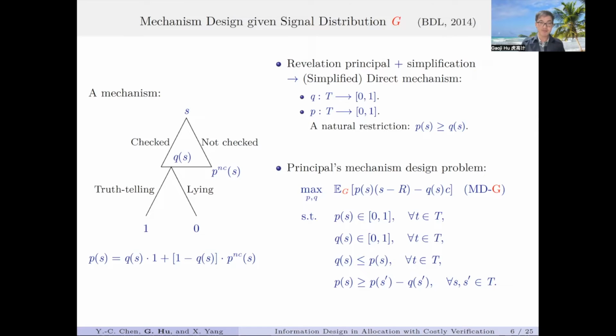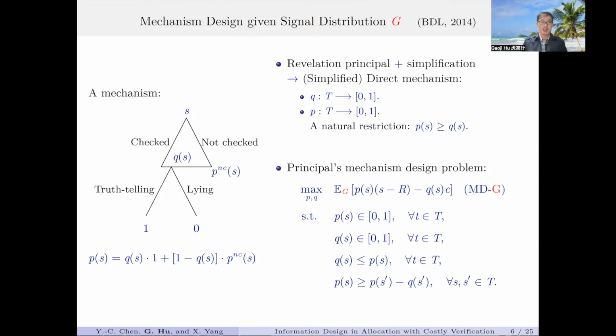Okay. When the agent is checked, there are two possible checking outcomes: truth telling or lying. According to the result of BDL, when the agent is checked and found truth telling, the conditional assignment probability should be 1. So Q of S is actually the probability of being checked and allocated the good.